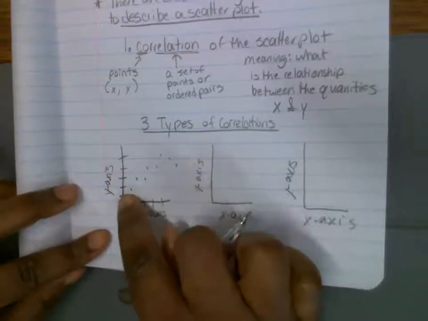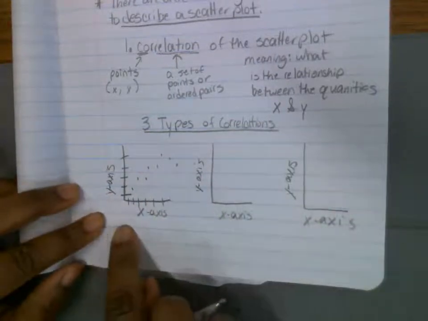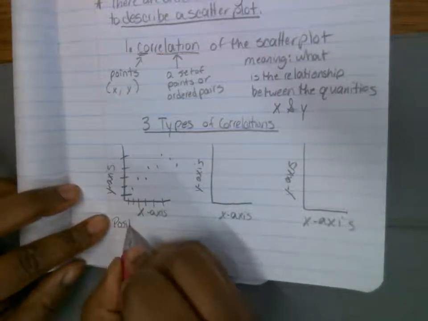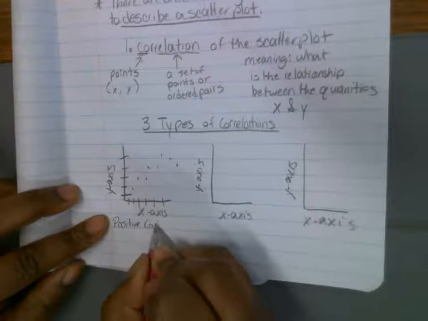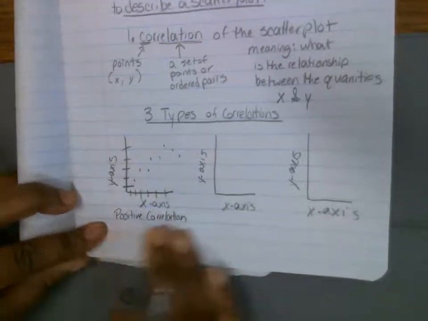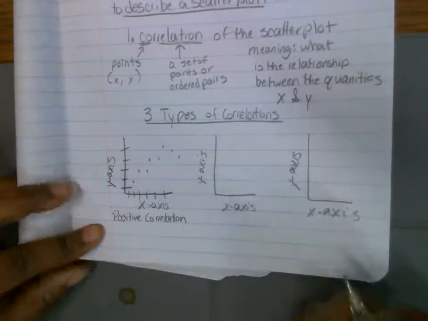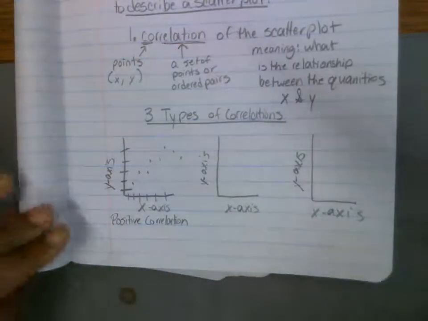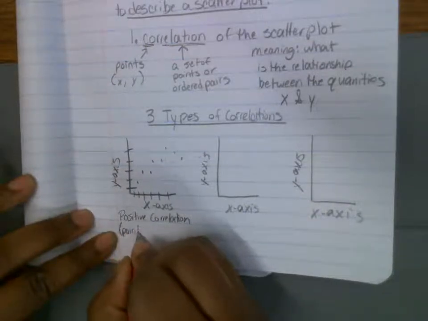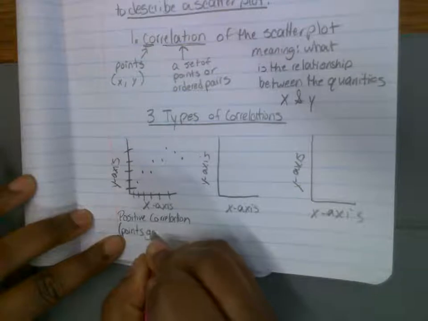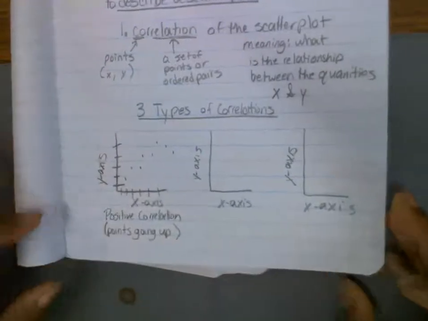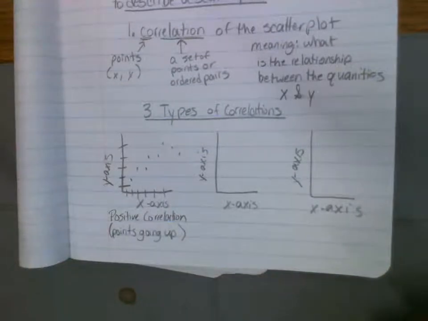That means your points are going up. This is called a positive correlation. And this is when your points are just going up on a scatter plot. We'll keep it simple. It's as x increases, y increases.